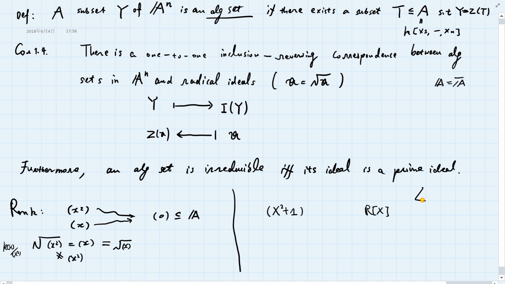Fact. Prime ideals are all radical. So this is radical. It's a prime ideal. But it doesn't correspond to an irreducible subset.